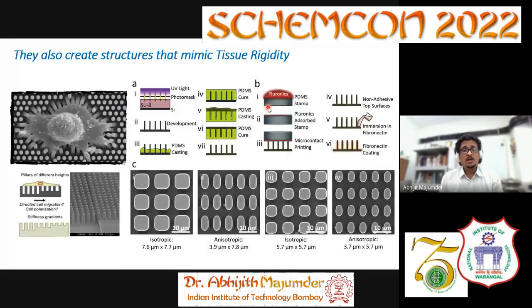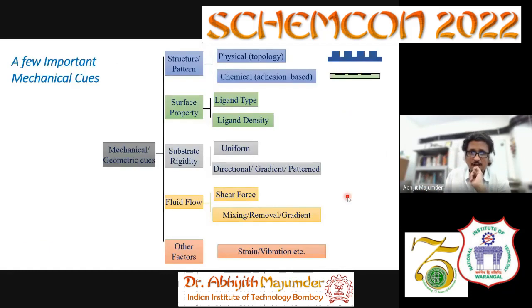And they also create micro and nanoscale pillars, as I have already explained, to understand this mechanosignaling process. In the interest of time, I will skip a lot of this.